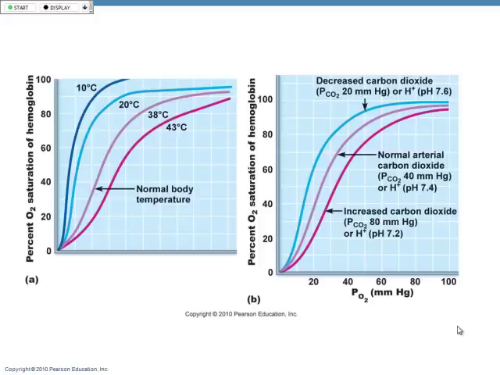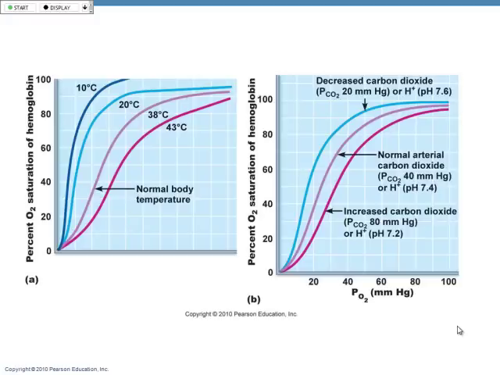So, increased carbon dioxide. When do I get increased carbon dioxide? It's the opposite. Do you ever hyperventilate? What is that? You're letting go of too much carbon dioxide. If you decrease carbon dioxide, what's going to happen to your pH?